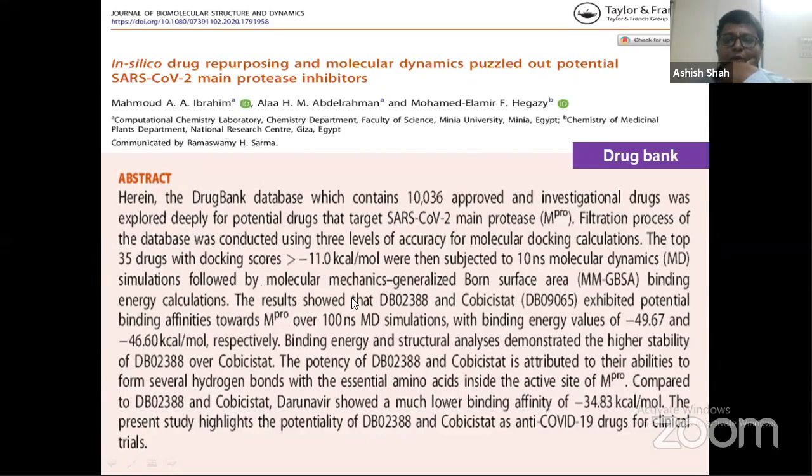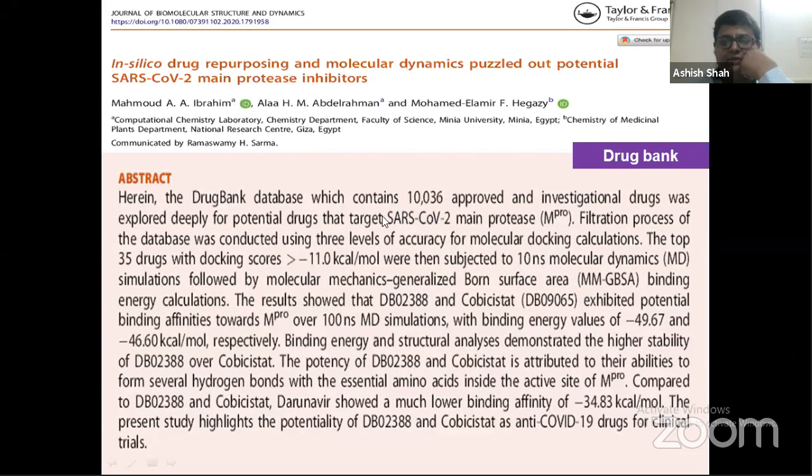Finally, they are reporting two things: that favipiravir is useful, particularly against the main protease. And this molecule, DB02388, they reported as having good binding affinity. They did molecular dynamics studies, ADME filtrations, as well as molecular docking studies.